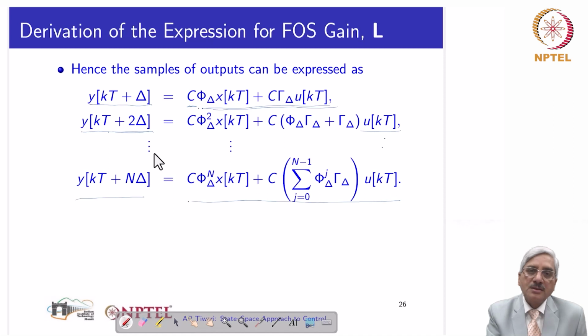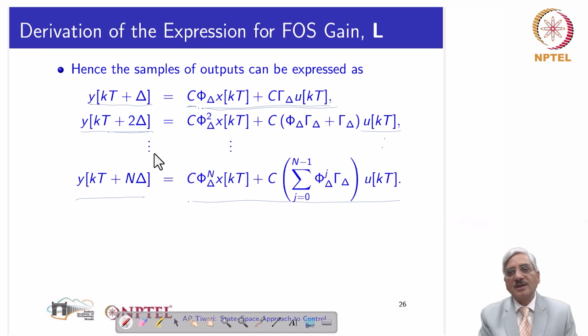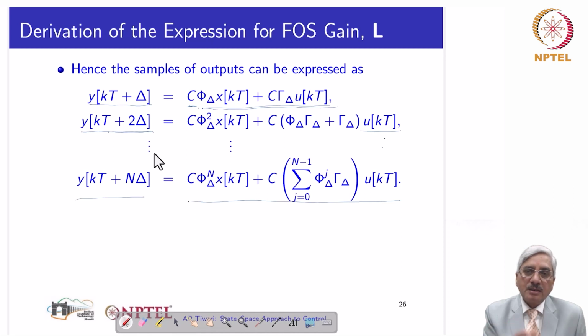It is simple. Once we first obtain the values of the state at the different ends of sub-intervals kT+δ, kT+2δ, etc., the output is the output matrix C multiplying the values of the states, and so we get these.